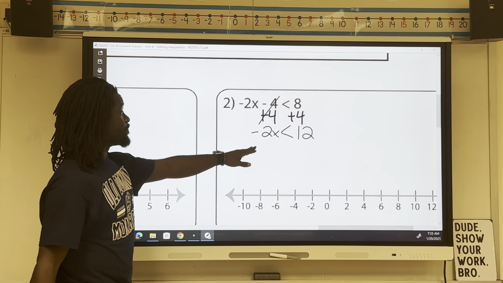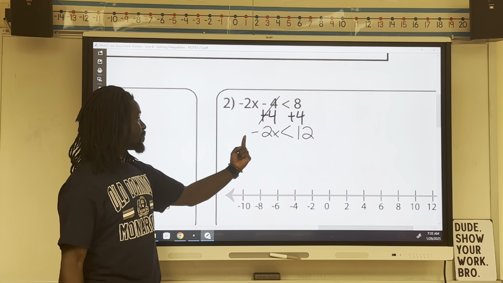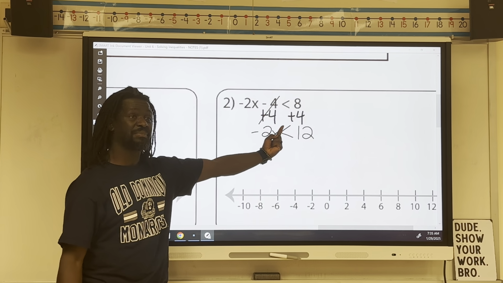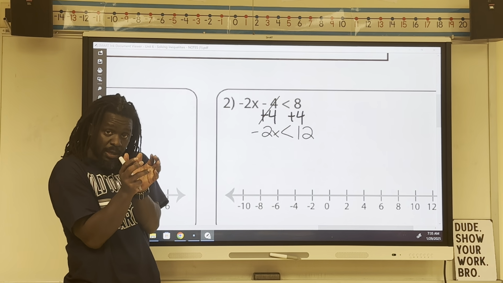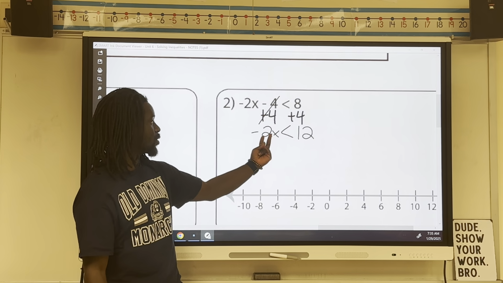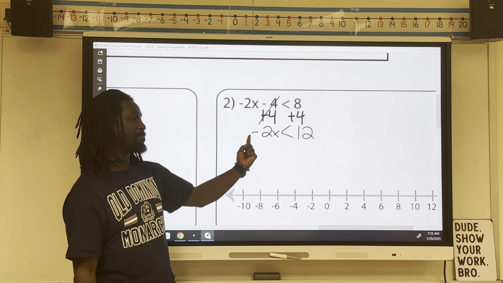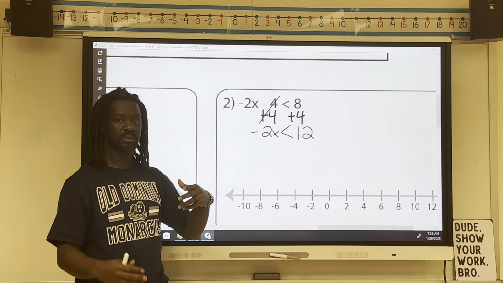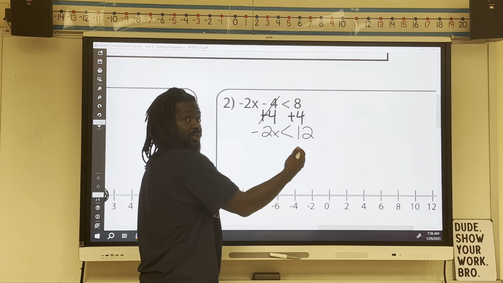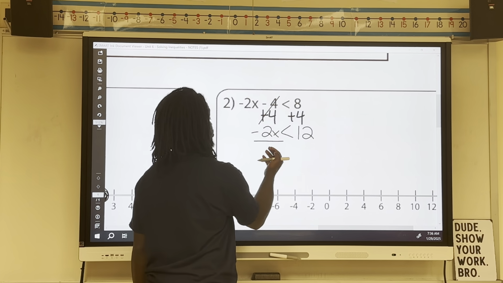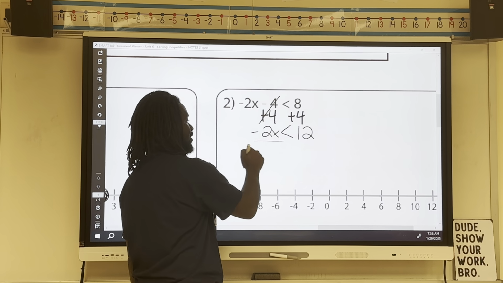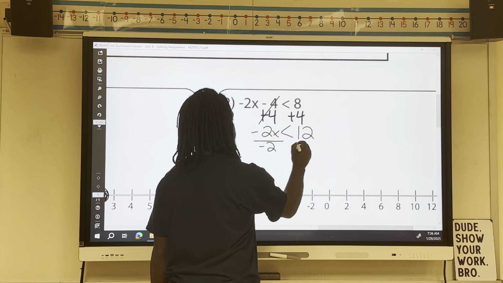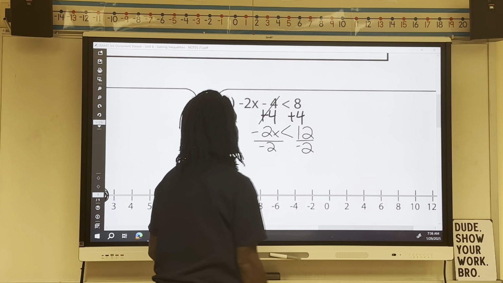Now look, this is what you have to remember. This is -2 times x. Whenever you have just a number, the coefficient, that is multiplying. So that's not just a -2, that's a -2 times x. The inverse of multiplying by -2 is to divide by -2, and whatever you do to one side, I have to do to the other side.